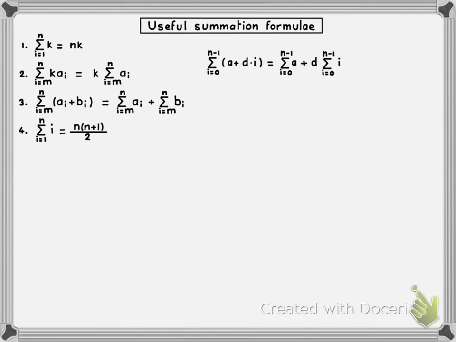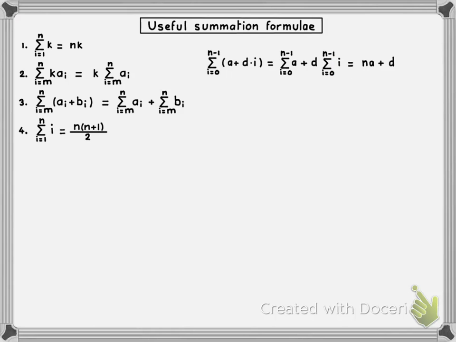Now, this quantity here, according to the first formula, is just n times a, and this quantity here, according to the fourth formula, is what? It's the last term, n minus 1, times its successor, n, divided by 2. Notice we're starting at 0, which means it doesn't count. So it's like we're starting at 1 all the way to n minus 1.